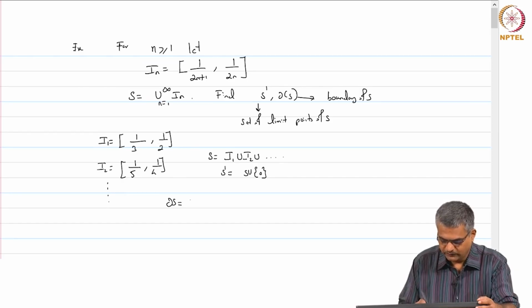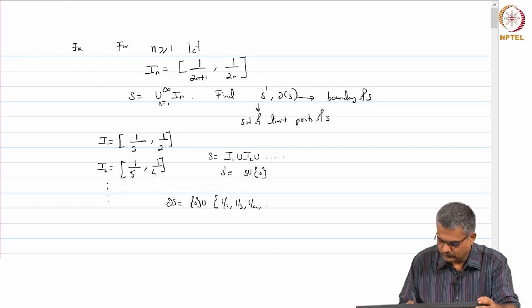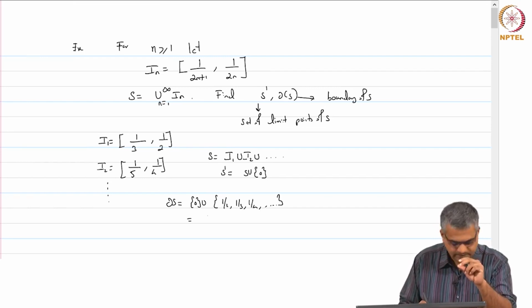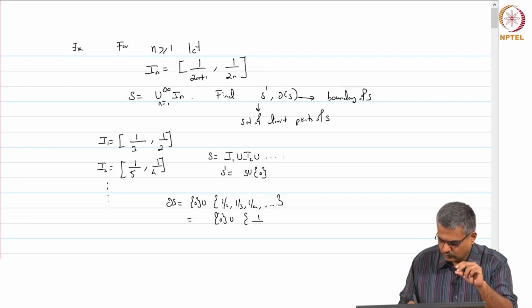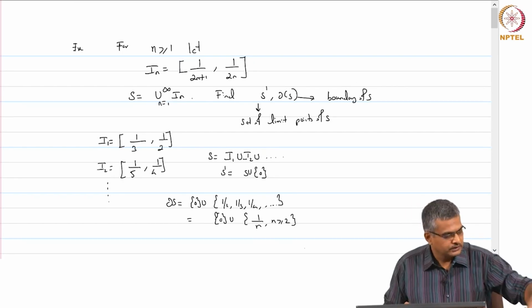So the boundary of S contains 0 and the union of 1 by 2, 1 by 3, 1 by 4 and so on. We can write this as 0 union the set of 1 by n, where n is greater than or equal to 2. This is the boundary of the set S.